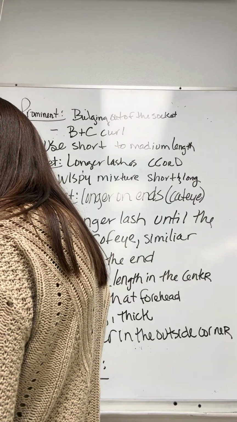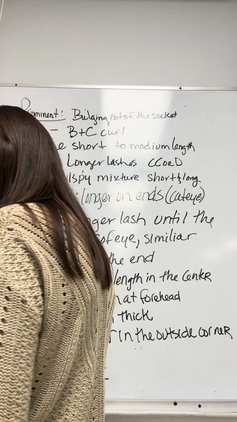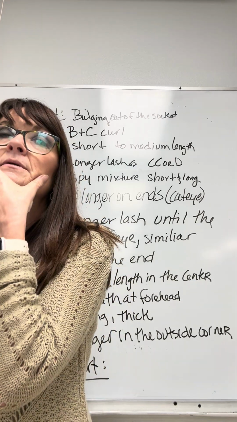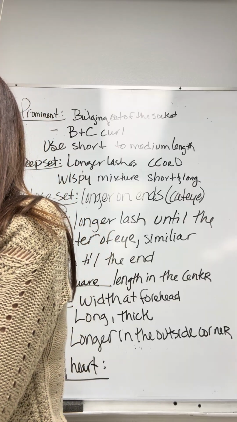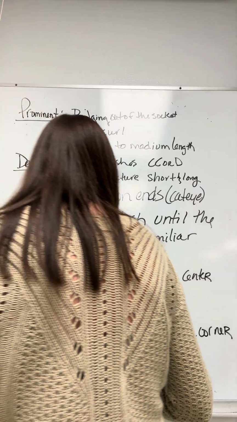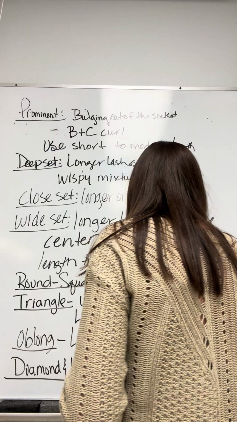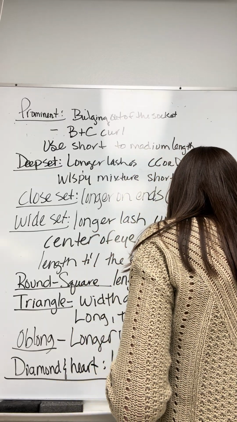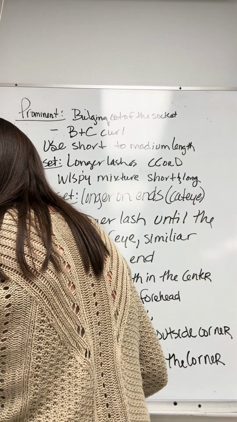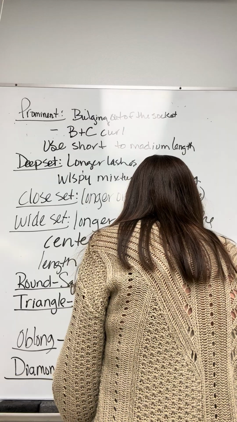But I do understand using thick lashes evenly across the eye, okay? Because it draws to the eye. You got to do something to take away from this tiny chin, right? You got to make this more prominent. So I can see that. Longer in the corner, even though I don't agree. And you can use long, thick lashes all the way across.